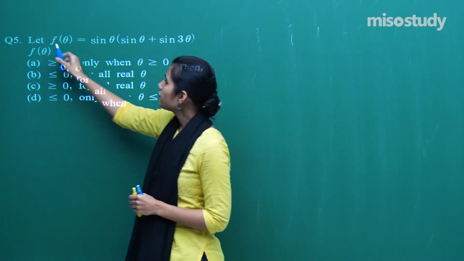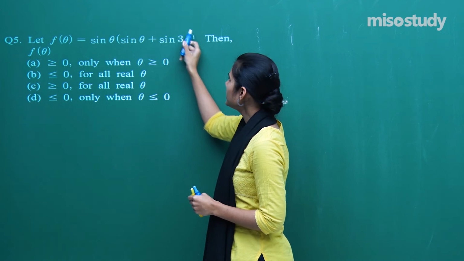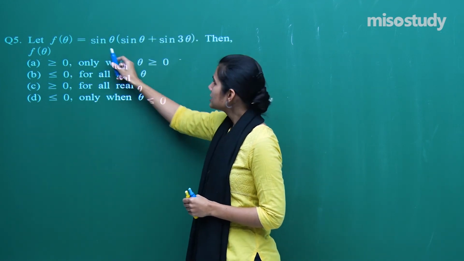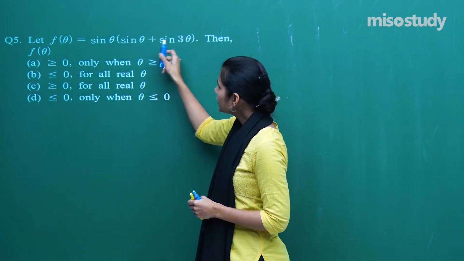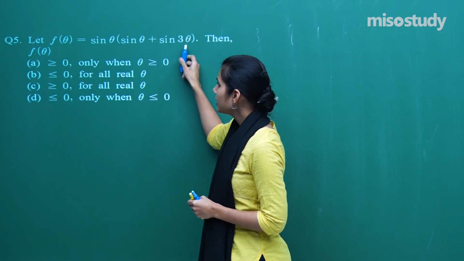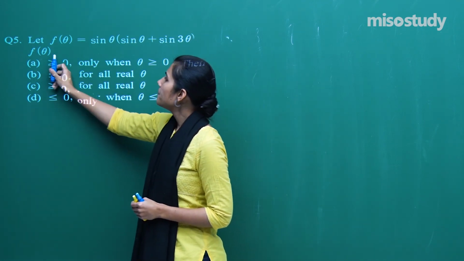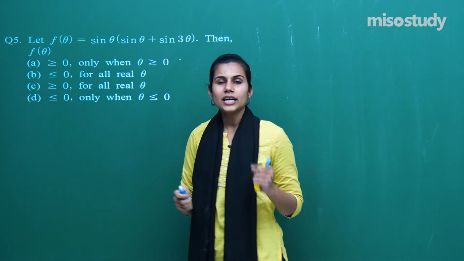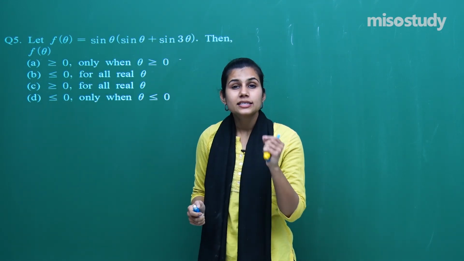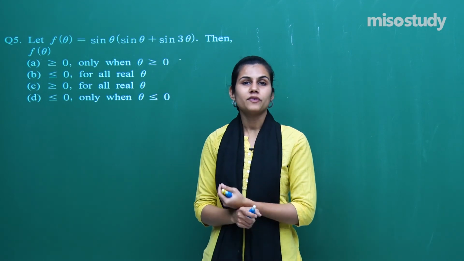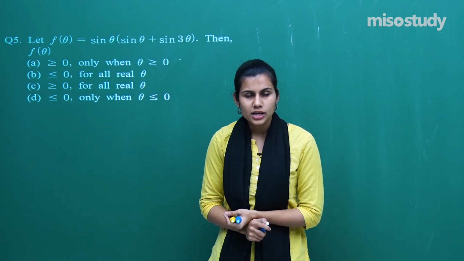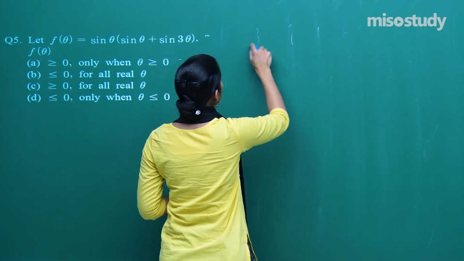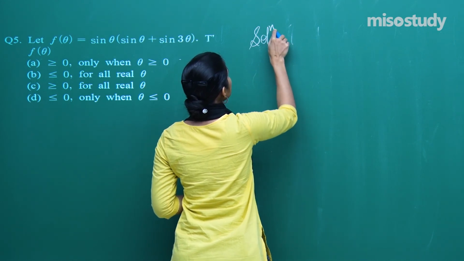It is saying if f of theta is this particular expression, sine theta into sine theta plus sine 3 theta, then f of theta behaves in which manner? How does it behave? What is its range? That is what the question is trying to ask you. Let's copy f of theta and then start with the solution.